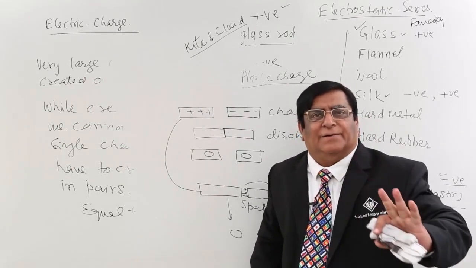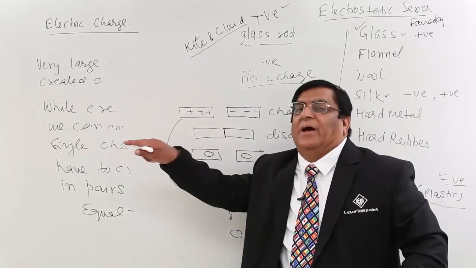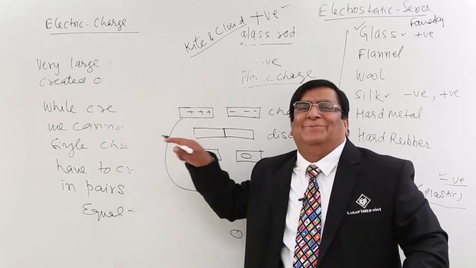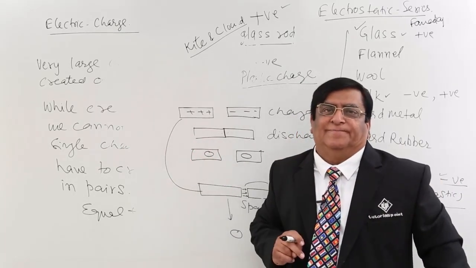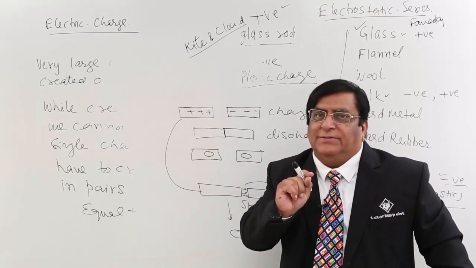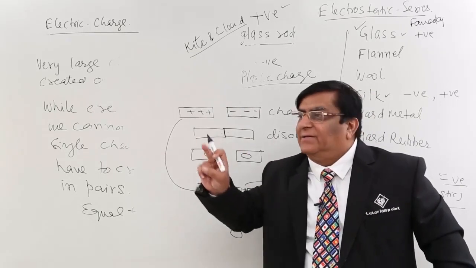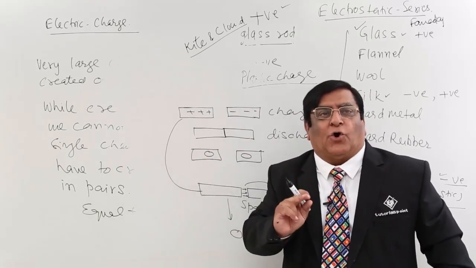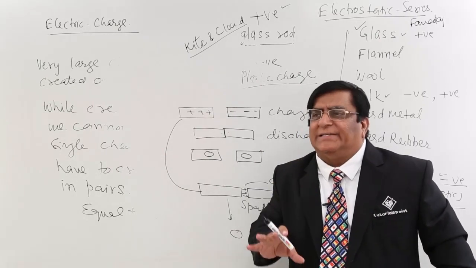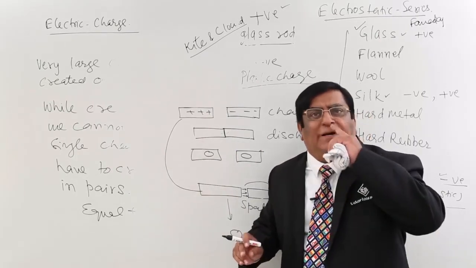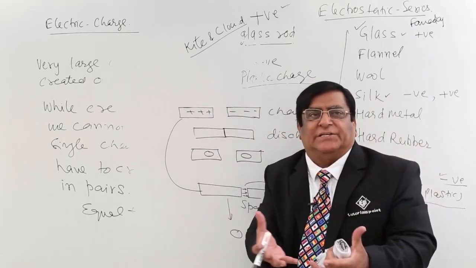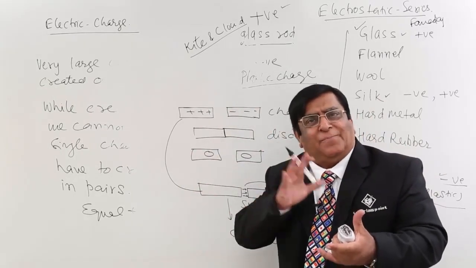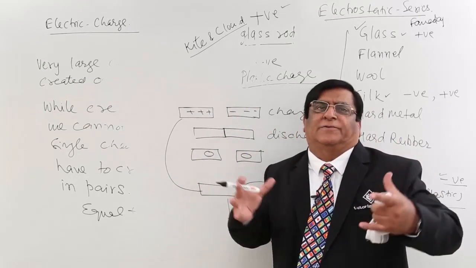So the answer is very simple. Put your finger in the plug and you will come to know what a charged body is. Okay, it gives you a shock. So giving a shock, and after that, that body gets discharged. This shock we receive nowadays from electricity, but in earlier days also, if you get a very large container of copper and keep on rubbing it, it will collect a lot of charge.